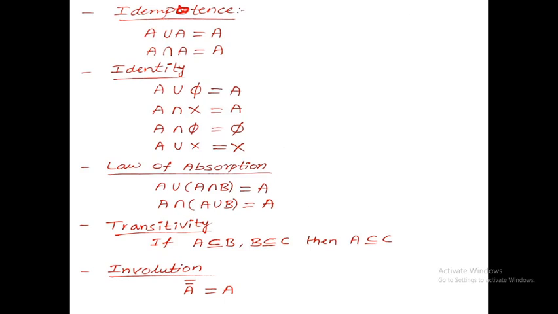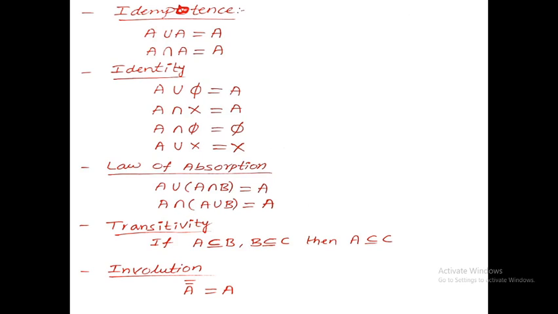Transitivity property. Under this transitivity property, if A is a subset of or equal to B, and B is also a subset of or equal to C, then obviously A is a subset of or equal to C. For example, if A is having 1, 2 and B is having 1 to 5, so A is a subset of B. Again B is a subset of C, where C is 1 to 5, 6.